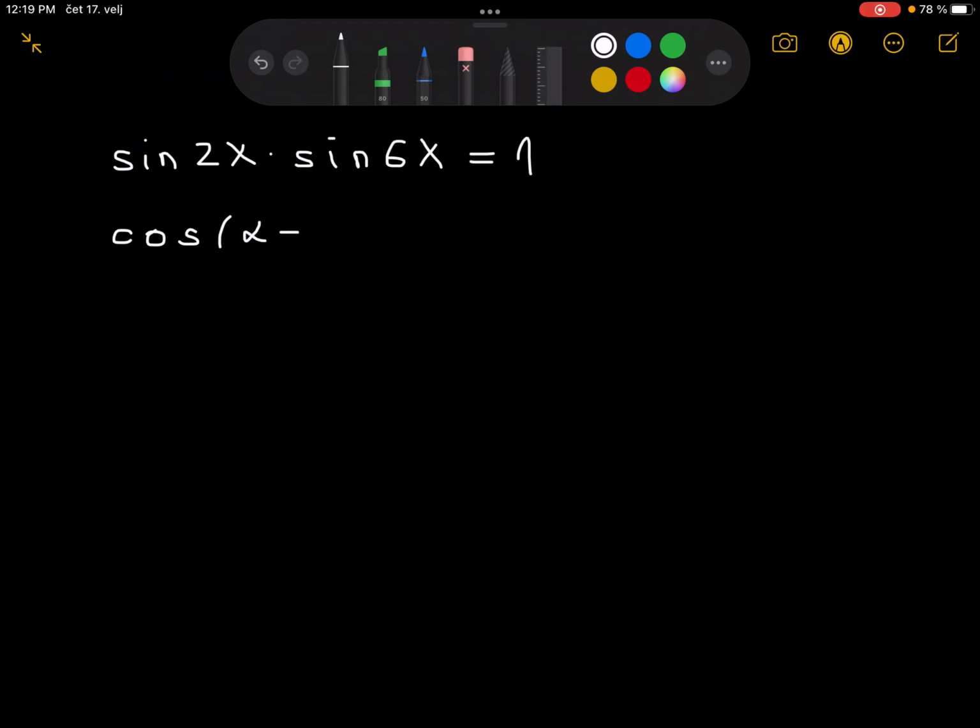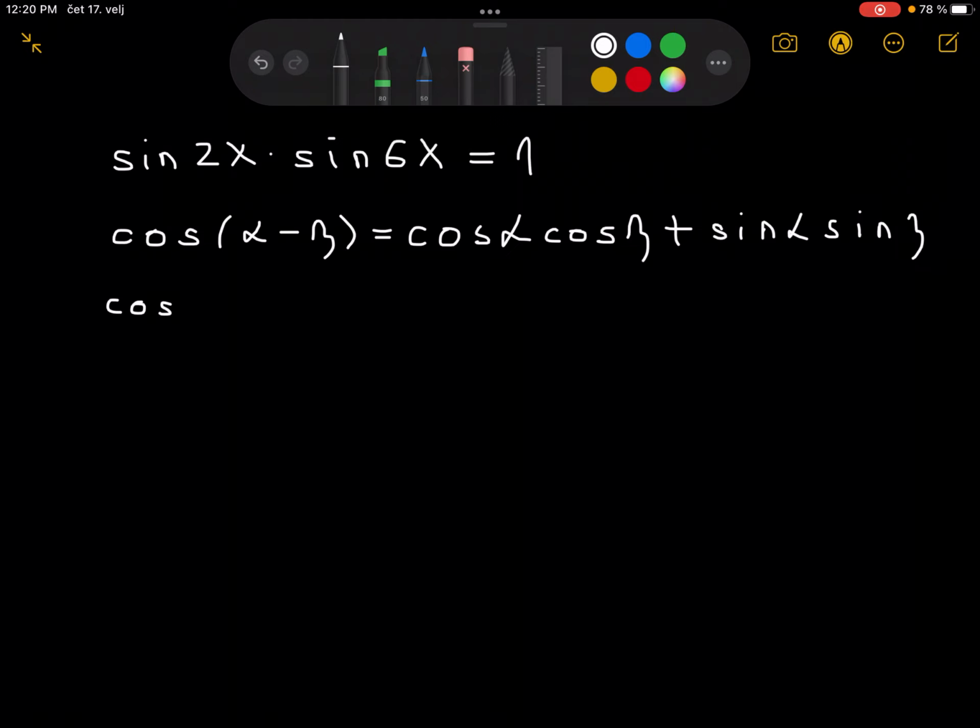So cosine of alpha minus beta is equal to cosine alpha times cosine beta plus sine alpha sine beta. And the cosine of alpha plus beta is equal to cosine alpha cosine beta minus sine alpha sine beta.